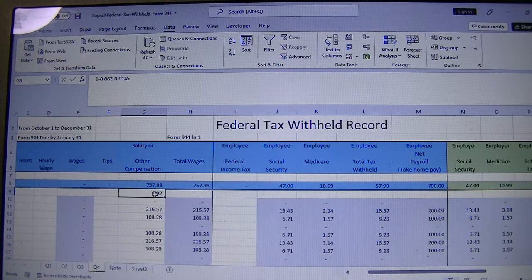Okay, and this is assuming that we did not withhold any federal income tax. So if you withheld any federal income tax, or any is required to be withheld, you will have to put it here and pretty much goal seek into it.